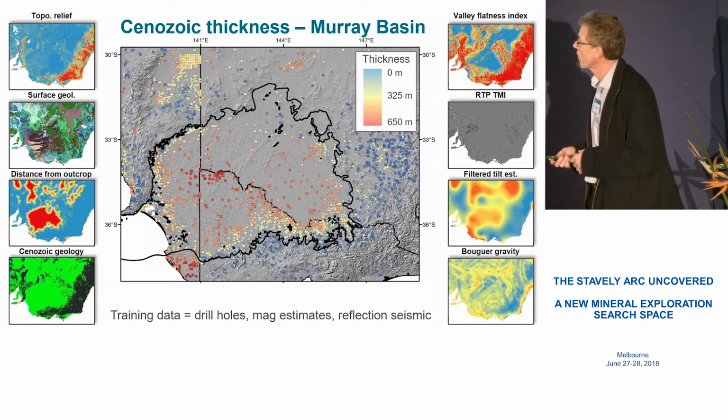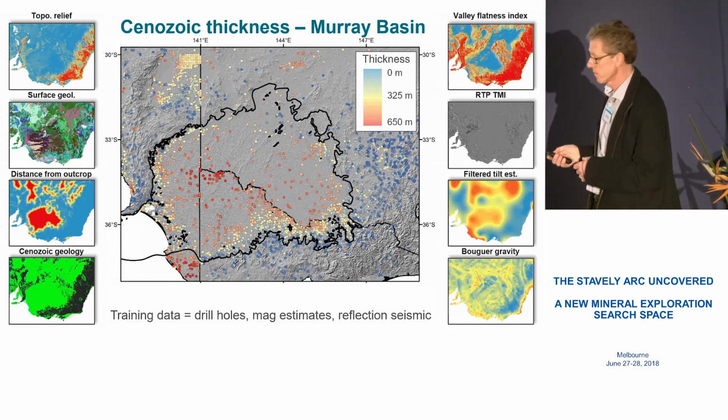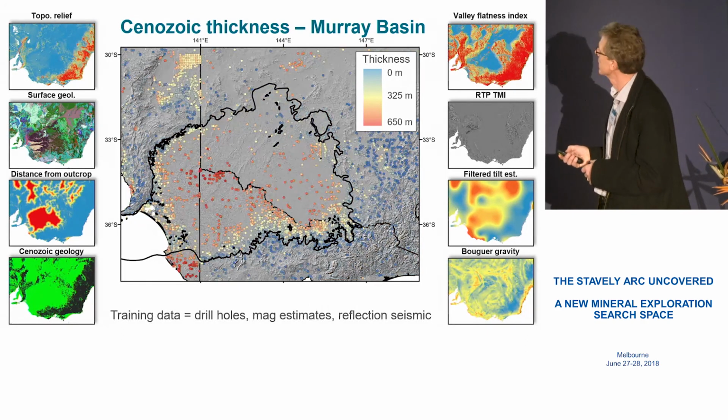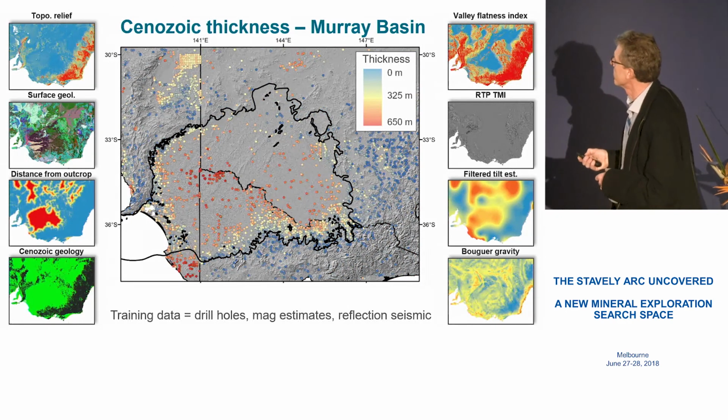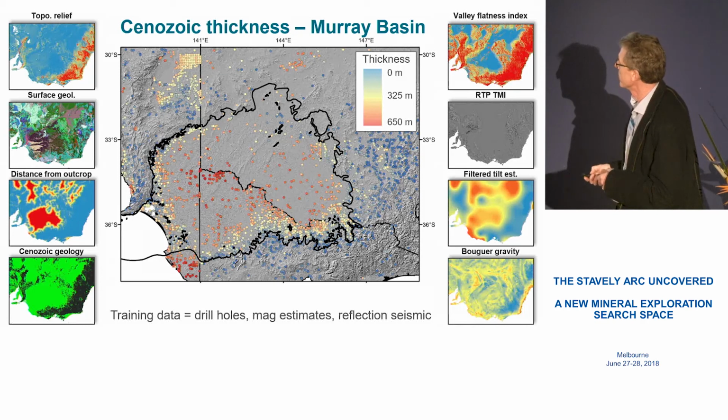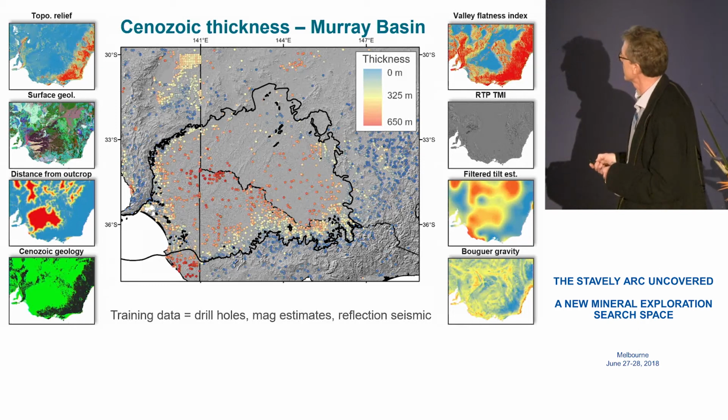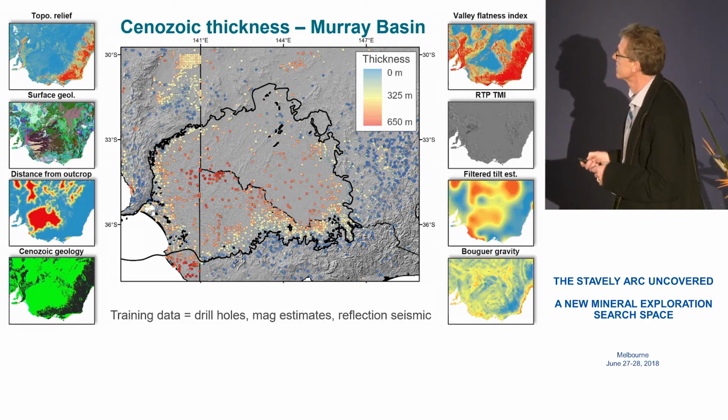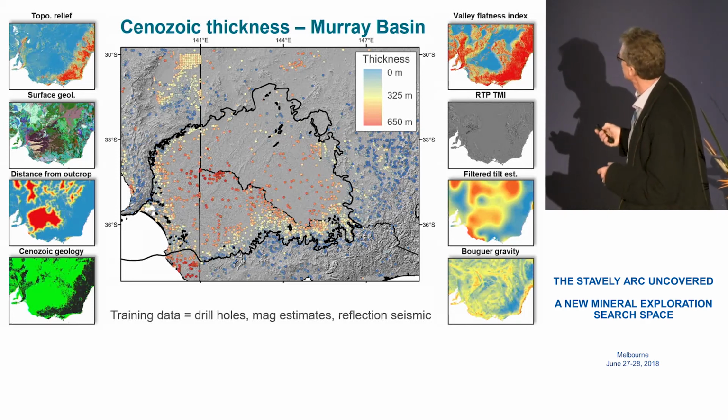So this has been trialled in the Murray Basin, the first region that we trialled this at GA. This is just highlighting all the drill hole data that's gone into the model, which is incorporated as part of that training data. So we use the magnetic depth estimates, reflection seismic, etc. So that's your training data, and what you're trying to train up are these other grid images: topographic relief, surface geology, distance from outcrop, Cenozoic geology, various filtered grids, gravity, TMI.